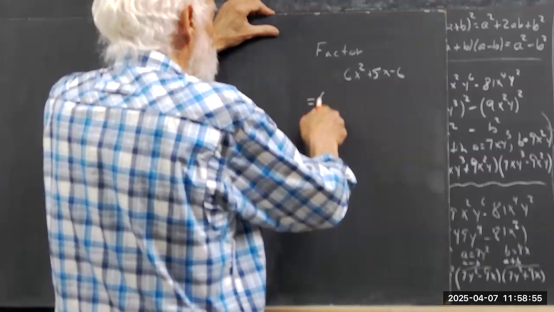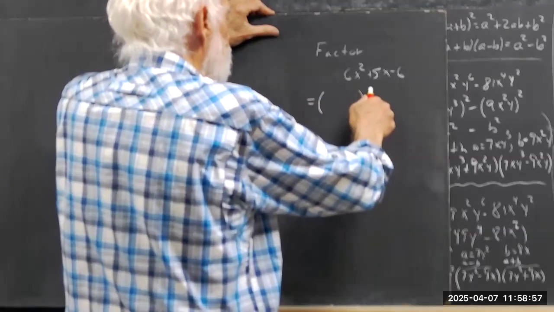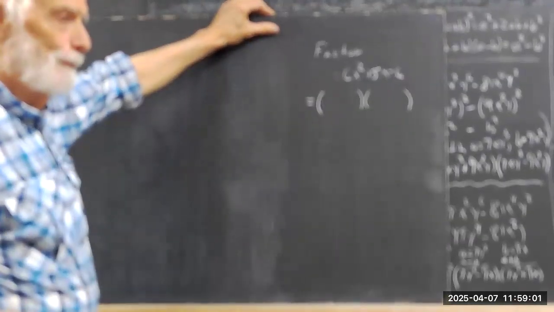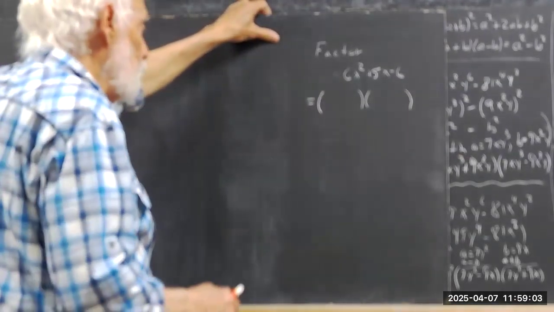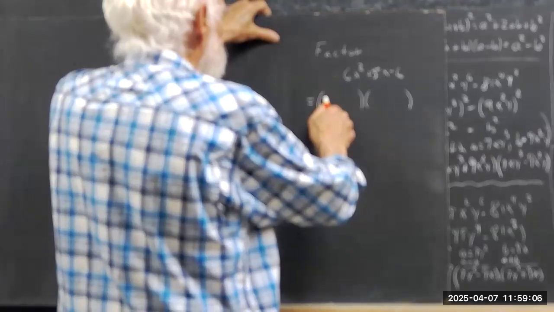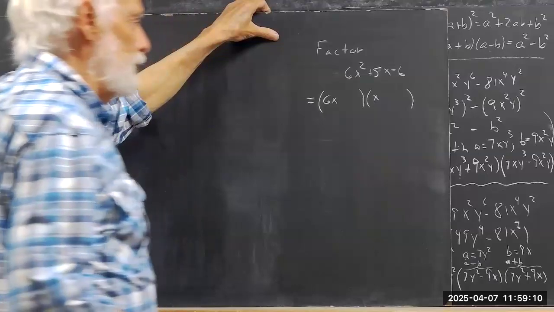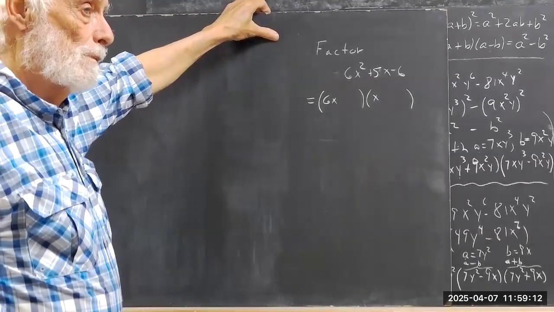This is going to equal something times something. Okay. Now we might have 6x here and x here. Okay.